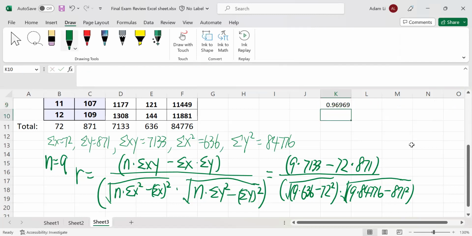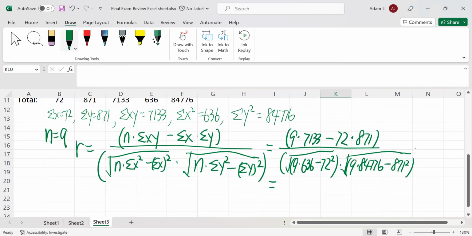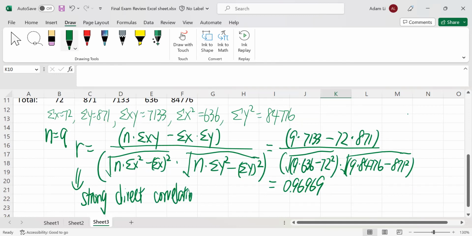And then if you enter, you get 0.96969. Based on the r, we know that it's a very strong direct correlation, meaning the relationship is very strong and direct, meaning positive.